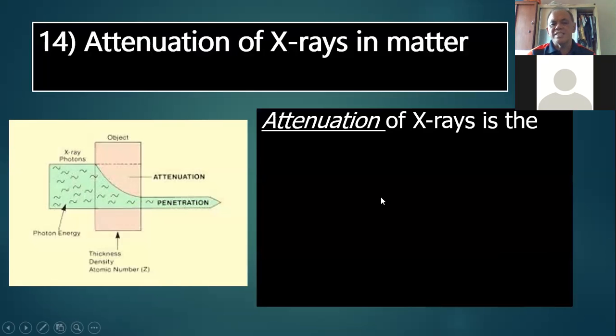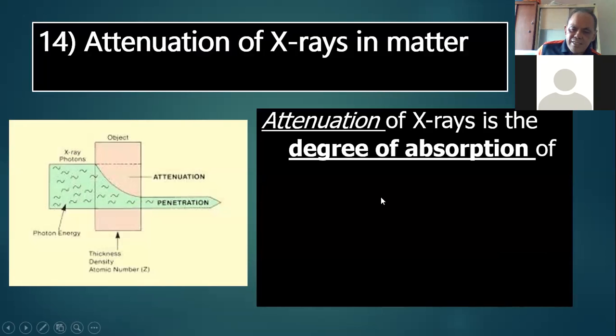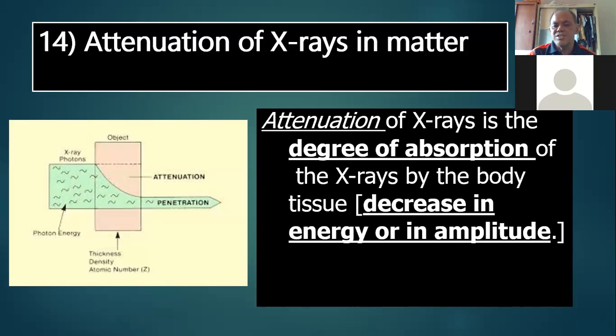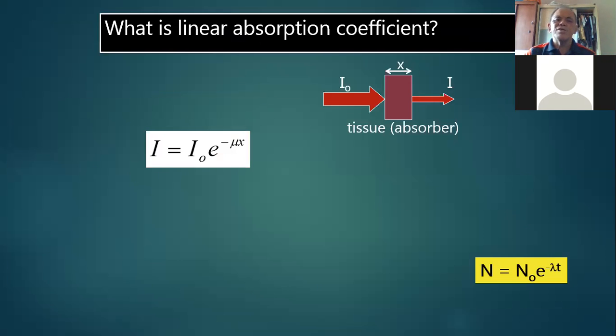Attenuation of X-ray is the degree of absorption of X-ray by the body tissue, or we call it decrease in energy, or decrease in amplitude, or decrease in power. Doesn't matter, any of the terms can be used. Examiner accepts it. Right? This one you have to memorize. If the examiner asks you what is linear absorption coefficient, memorize the whole thing, like that formula. Okay.